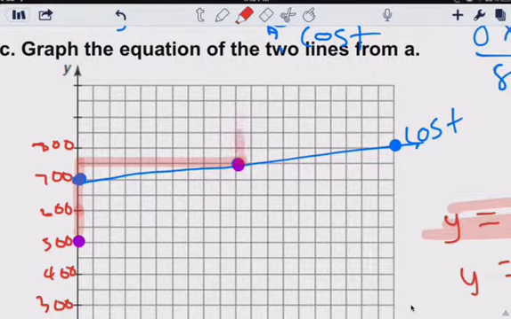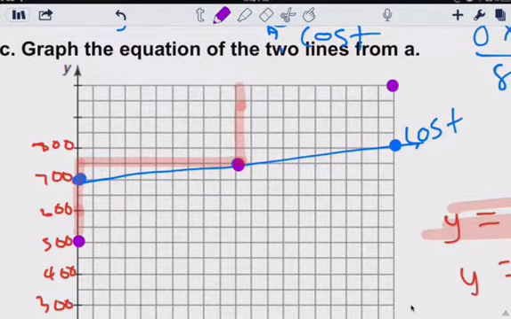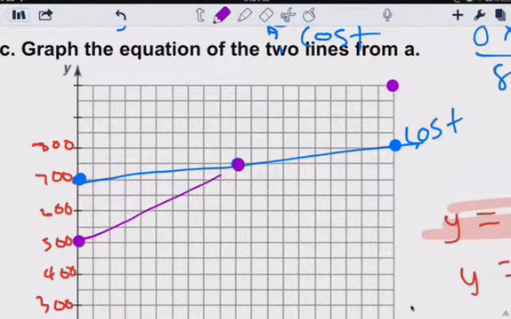So up 5, and turn. Okay? So right there. Same. Oops, too big. And this is the income line.